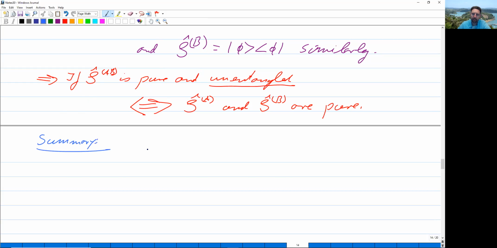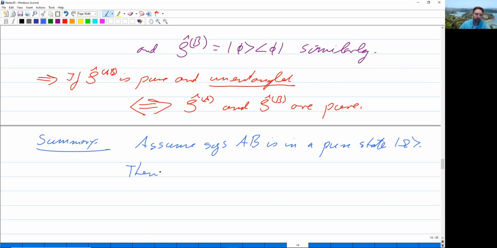Summary. Assume system AB is in a pure state omega. Then we have that, i.e., rho hat AB equal to |omega⟩⟨omega|.